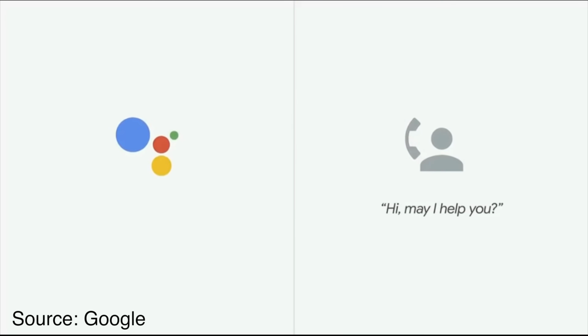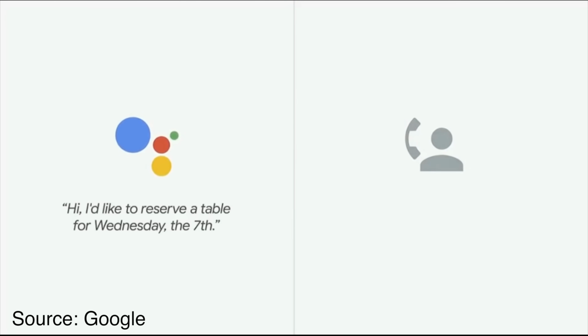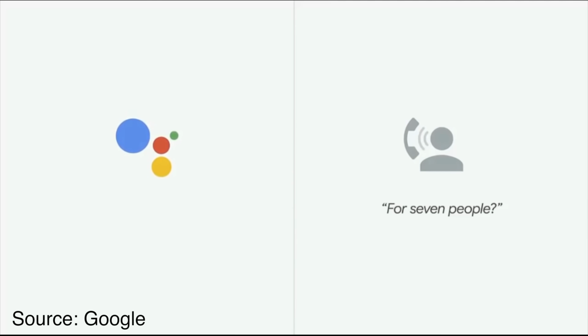See how may I help you? Hi, I'd like to reserve a table for Wednesday the 7th. For 7 people? It's for 4 people. 4 people when? Next Wednesday at 6 p.m. Oh, actually we reserve for like after like 5 people.